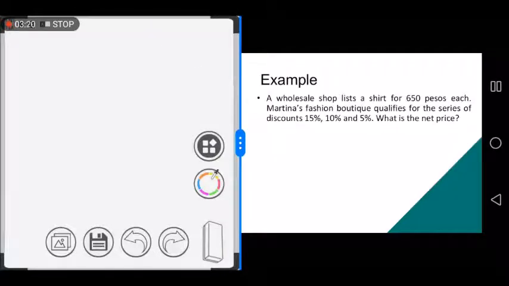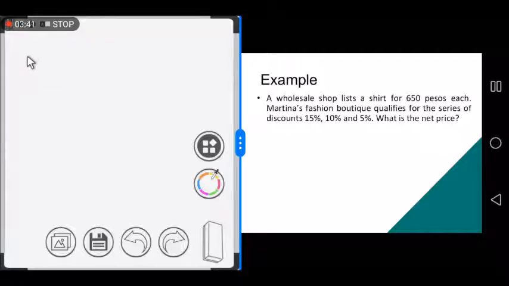Okay, so let us have our first example. A wholesale shop lists a shirt for 650 pesos each. Martinez Fashion Boutique qualifies for the series of discounts 15%, 10%, and 5%. What is the net price?